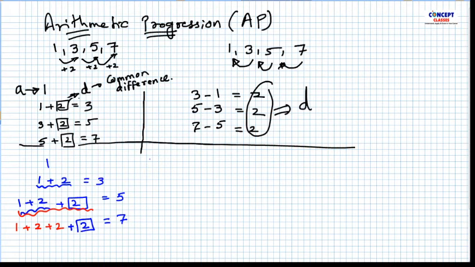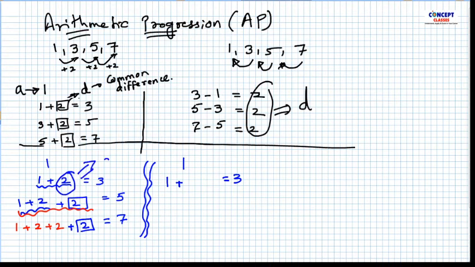Why am I doing this? We want to derive something very useful here. So this is another way of writing it. Again, the first term is 1. Now for the next term, which is 3, I will write 1, the first term, plus 2. Remember this 2, what did we call it earlier?